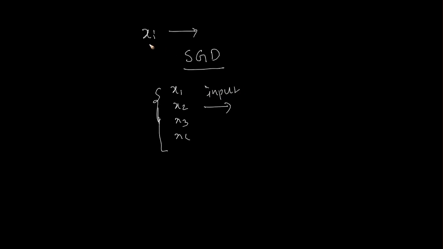Here I pass only one data point at a time; now I'm passing four data points, let's say. So I'm passing a batch of data points as input to the neural network. That's why this is called mini batch SGD.